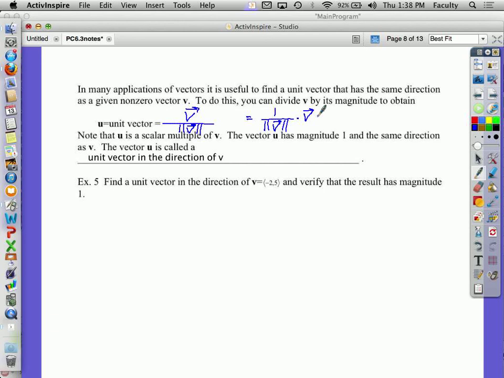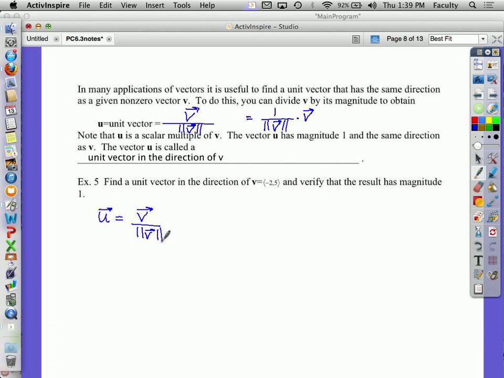In example 5, it says find a unit vector in the direction of vector v, which is negative 2, 5, and verify that the result has magnitude 1. Okay, well, a unit vector is equal to the given vector divided by its magnitude. That's the definition.